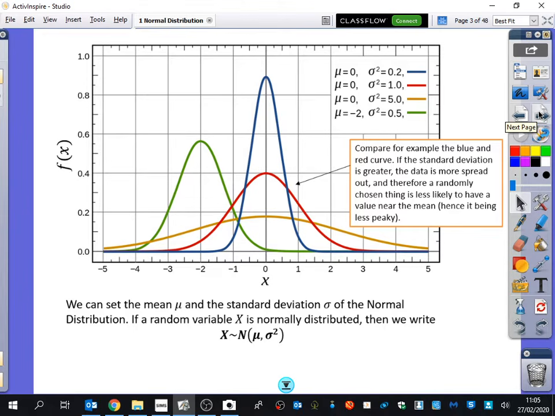Okay? So this first one that I've got, the blue curve, has a mean of 0, and because these have been printed in black and white, you may need to label which one is which on yours. So this is number 1, and you'll notice that it has a mean of 0, so you can see that its big peak occurs at 0. And you can also see for the red one and the orange one here that they all have a peak at 0.